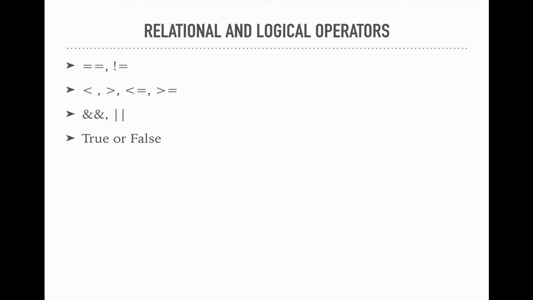For equality, we have to use a double equal sign. Besides, we have less than, greater than, less than or equal, and greater than or equal. And we use double ampersand to represent and, and double vertical bar to represent or. The outcome of relational and logical operators is true or false.